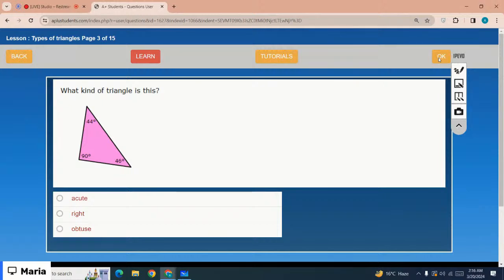Okay, the third one is what kind of triangle is this? Which is the correct option?